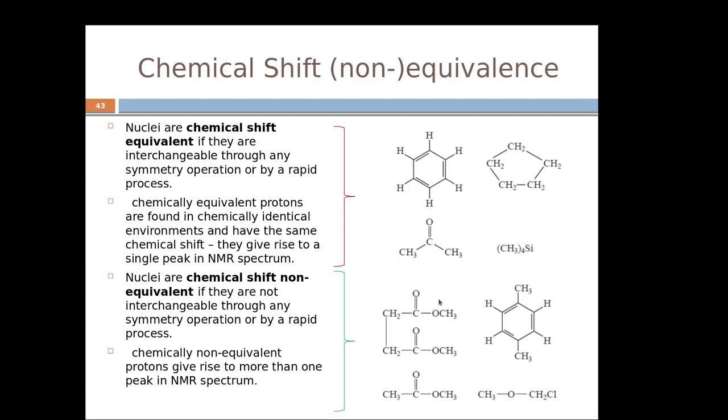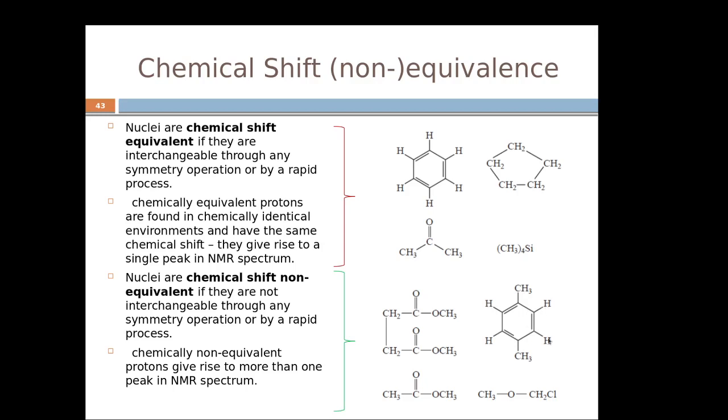So these two different sets of chemically non-equivalent protons give two peaks in the NMR spectrum at different frequencies or different delta values. Now if you consider this molecule, a plane that bisects the molecule right through these bonds will interchange these two methyl protons and these two protons and these two protons.